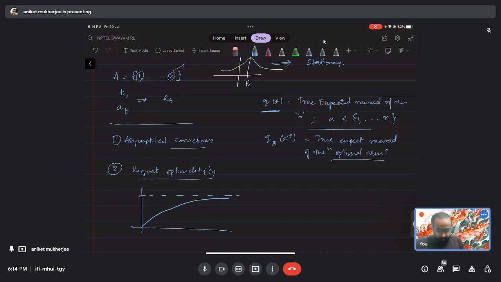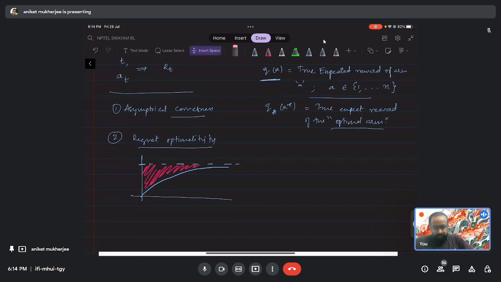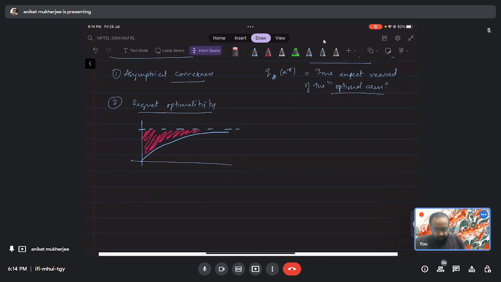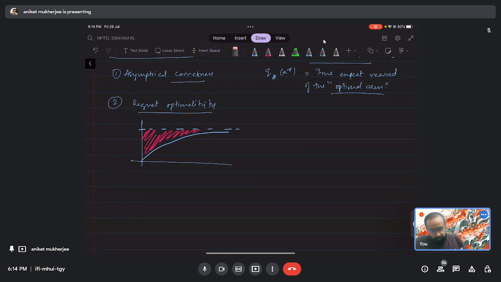The difference between these two is what gives you the regret. There are many trade-offs while studying regret. You could not explore too much and exploit very little, or exploit too much. All those trade-offs are there. I think some of them are covered in the ungraded questions, so I'll cover that when I go into it.